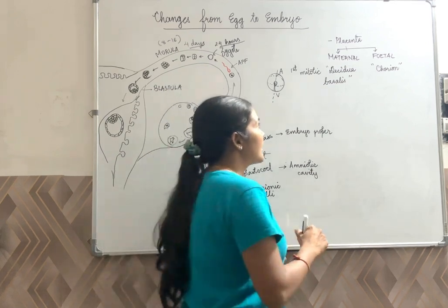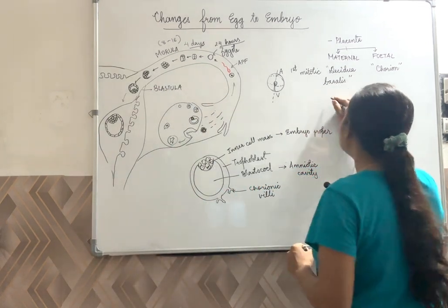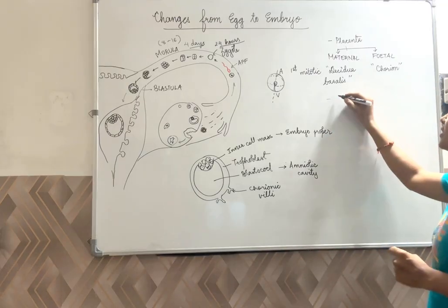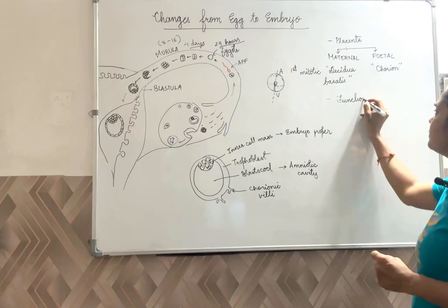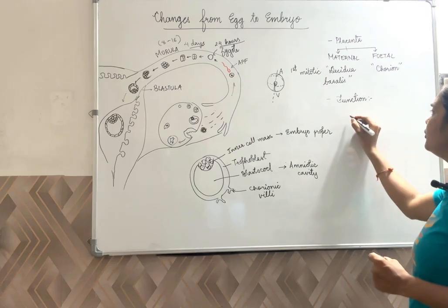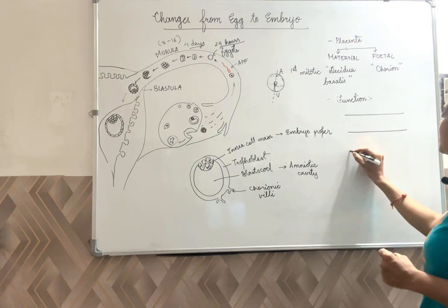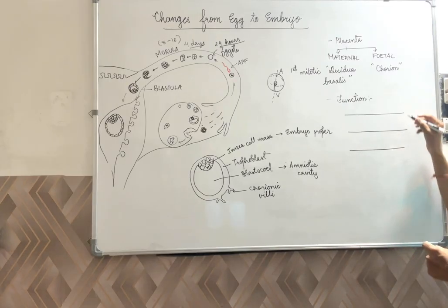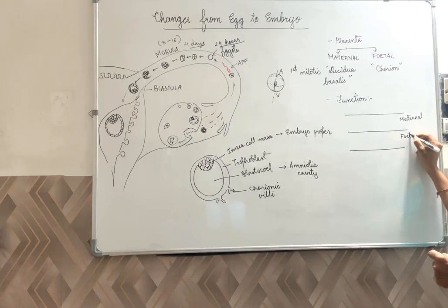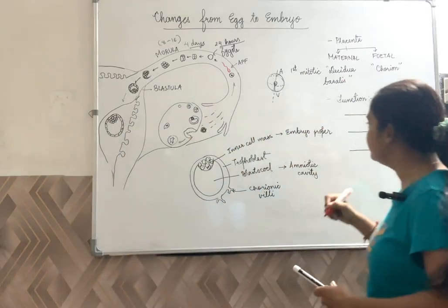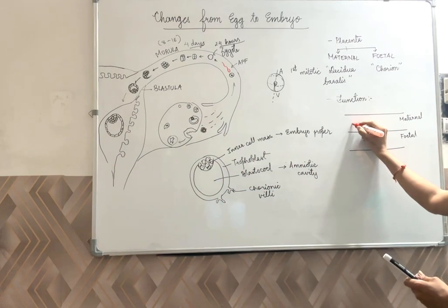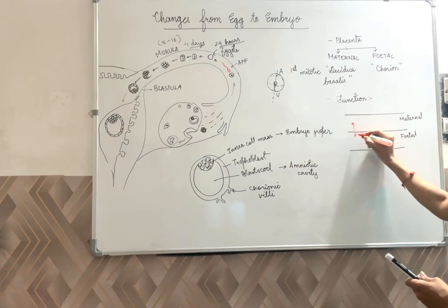What are the functions carried out by the placenta? Firstly, if you observe the placenta, you will see this not only allows the transport of nutrients. So this is the mother's blood vessel, this is the fetal blood vessel. Mother, that is the maternal one, and the fetal, that is chorion. Across them, from the mother, the nutrients will be passed on.